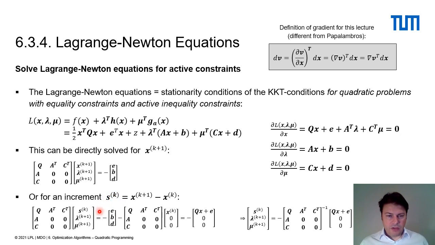And therefore we do a little bit of algebra and replace xk plus 1 by this. And rewrite the right-hand side and then obtain a formula for the search direction and an update of the Lagrange multipliers, which looks like this.